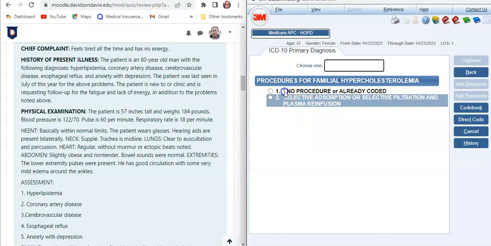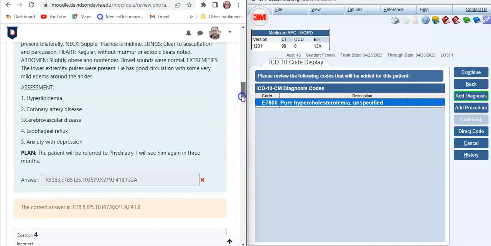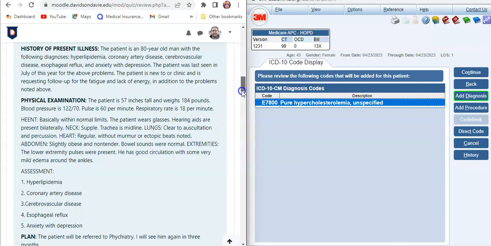Nope. No procedures. Now see, that's not right. I wonder which answer I had done. I did the E78.5, so I did get it right.